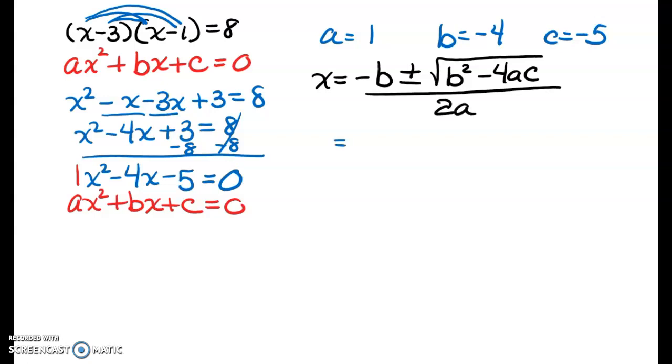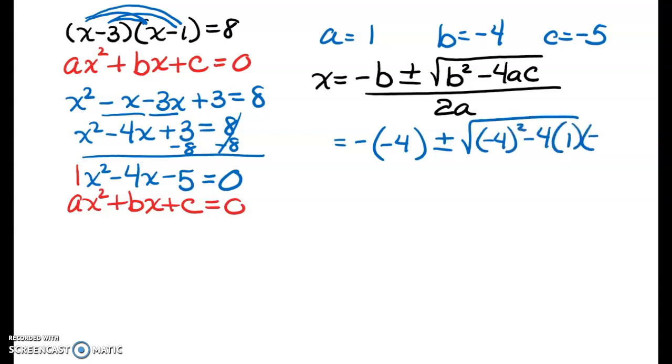And I always substitute using parentheses, plus or minus -4 squared minus 4 times 1 times -5 all over 2 times a. And a is 1, and double negatives means it's a positive.